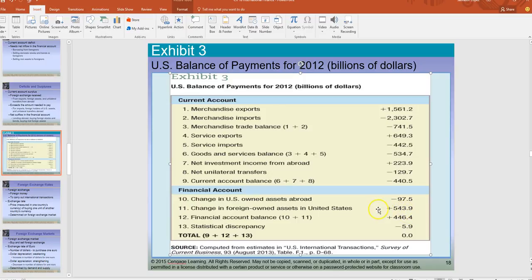So that's why we have this plus 543.9 here. And as a result, every time we have a negative here, it is translated to a positive here. And then this number is expected to be close to this. And the final statistical discrepancy is made so that the balance of payments will be balanced.